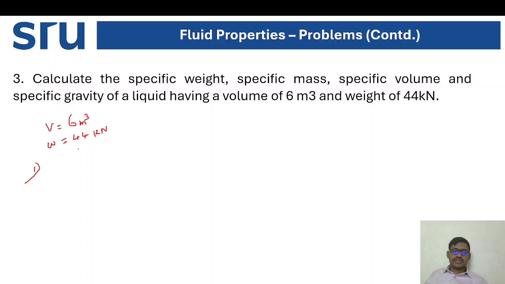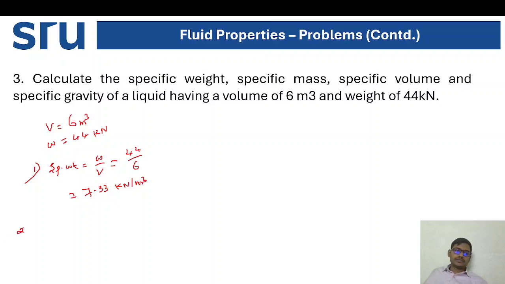Now we will try to find one by one. First is specific weight. So as we know, until we know the standard formula definitions, it is very easy to find. Specific weight is equal to simple weight by volume. Got it? So specific weight is equal to weight 44 by 6, that is equal to 7.33 kilonewton, already they have mentioned, by meter cube.